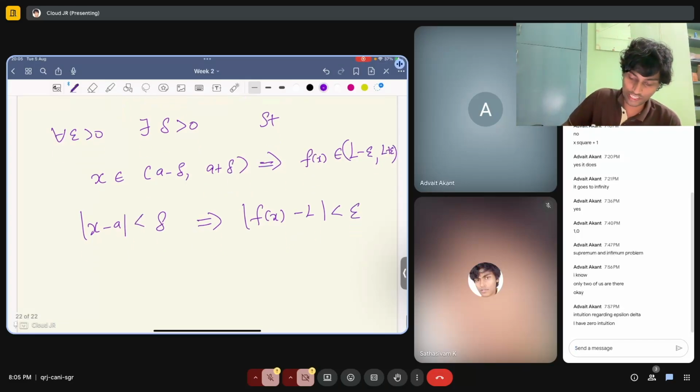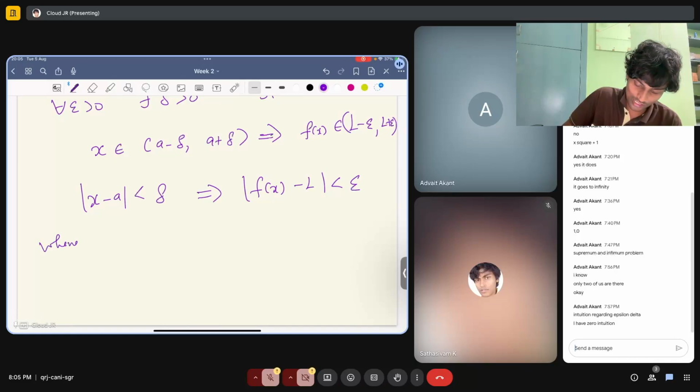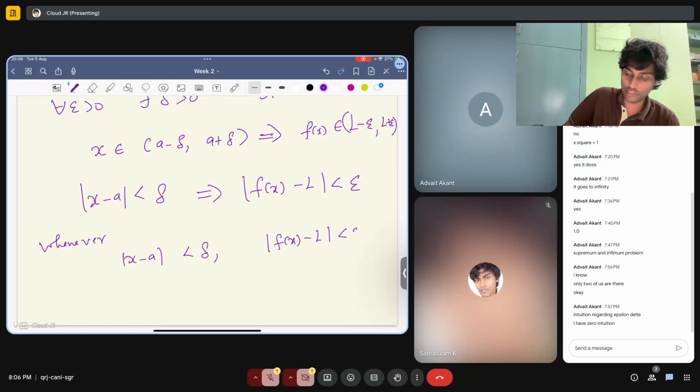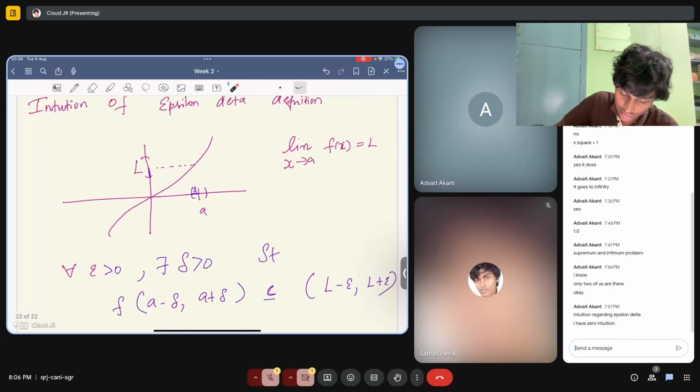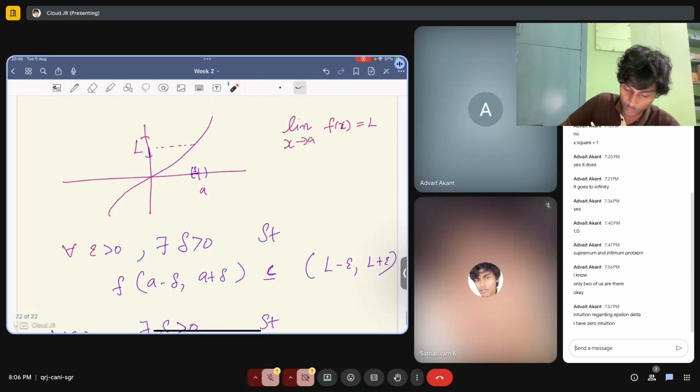Just change the words here. You will get whenever |x minus a| is less than delta, |f of x minus L| is less than epsilon. Okay, so this is the idea. The intuition is that as x goes closer to a, f of x goes closer to L. You ask me how close you can make it, and I'm telling you whatever closeness you want.